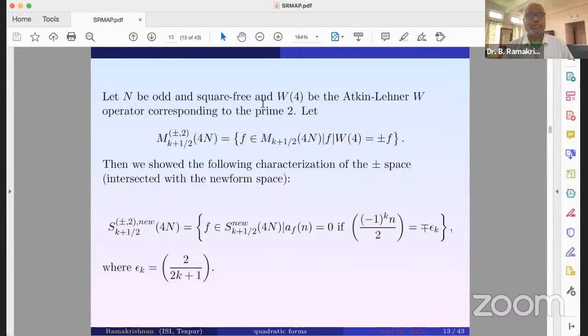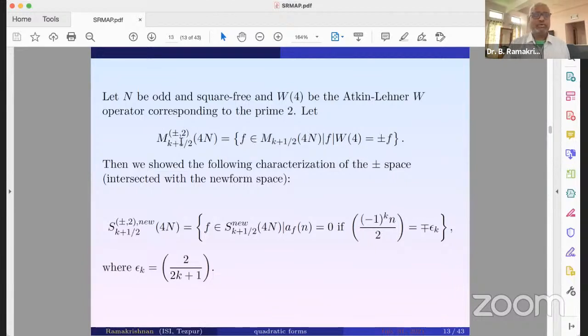The W operator is an involution, so it has eigenvalue plus minus 1. Therefore, it is natural to study the plus minus eigenspaces of the W4 operator, corresponding to the prime 2. That's why this plus minus comma 2 is there. Collect all the forms such that f|W4 is plus minus f.